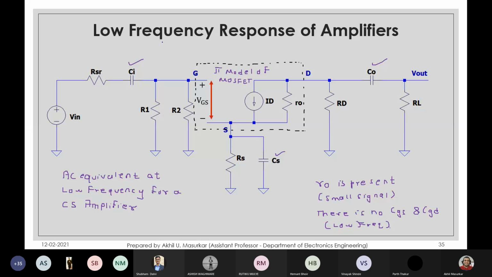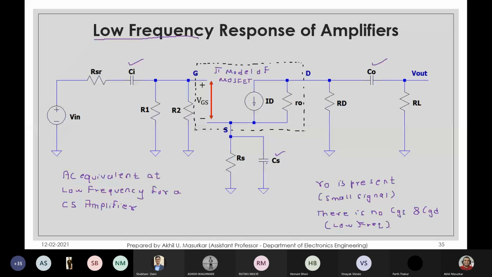Everyone should note down these circuits, because this is how the analysis is done. Now, what do you mean by low frequency analysis? We want to find out the frequency when CI is present and CS and C0 are not there. Then CI and C0 not there, CS present.